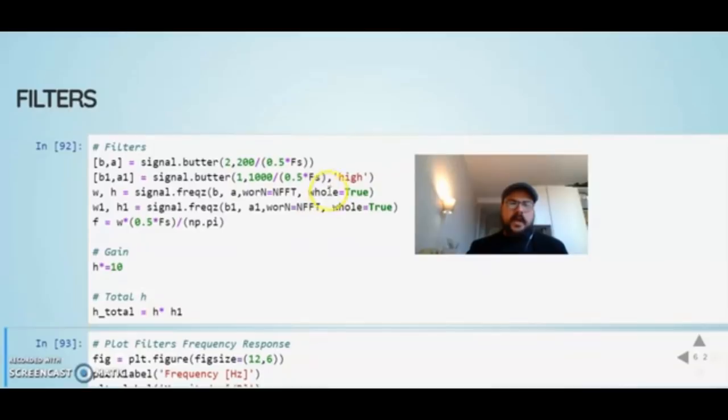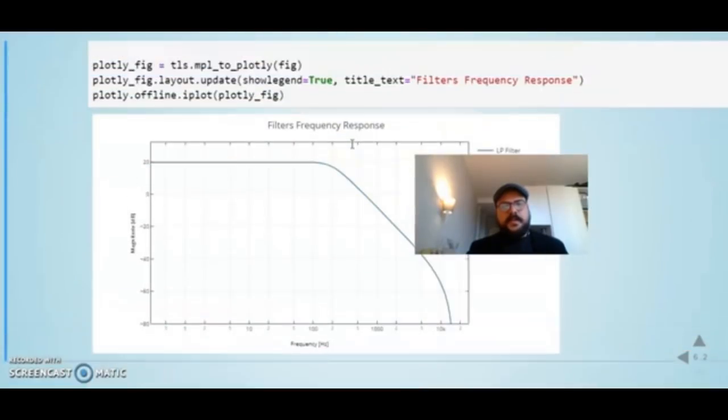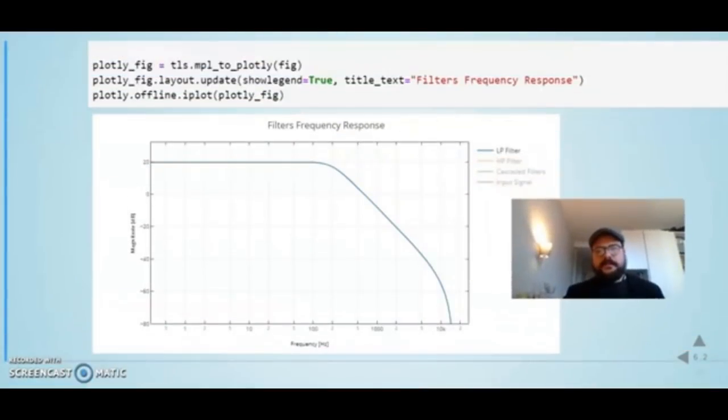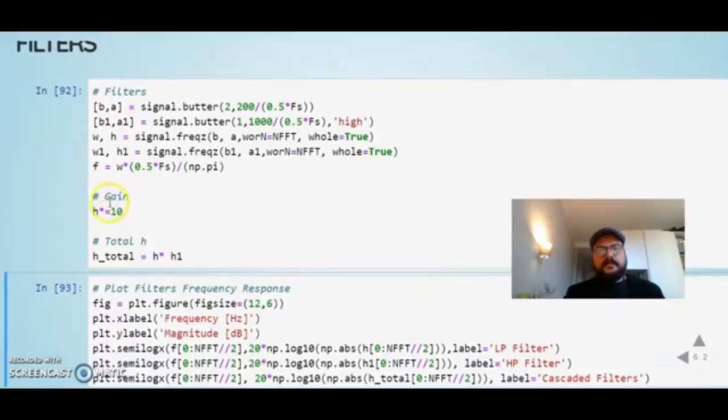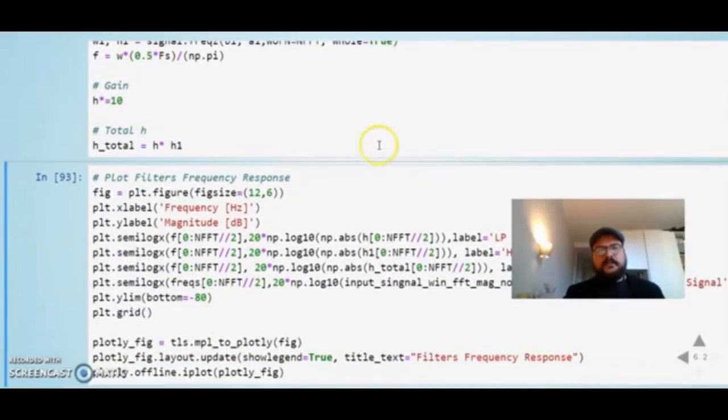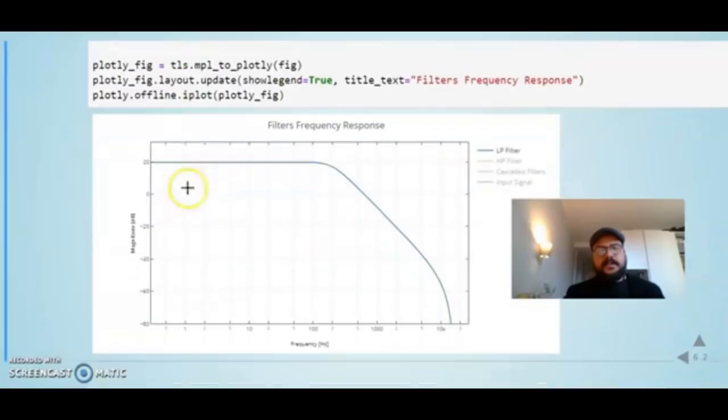I will start designing a Butterworth filter, a low pass, second order, with a cutoff frequency at 200 Hz. And we can see here the frequency response of the low pass filter. I'm giving a gain of 10, and as we've seen, a gain of 10 in dB scale is 20 dB.